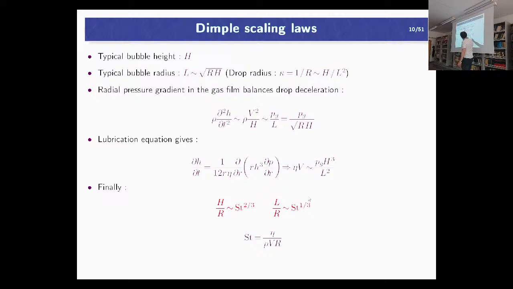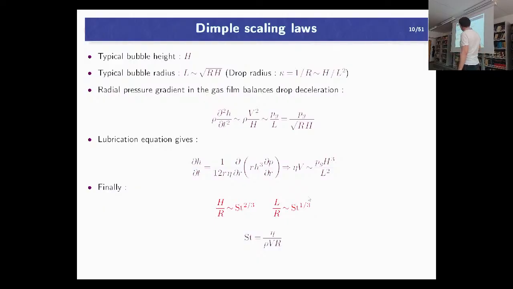If you put this into the lubrication equation and suppose that the deceleration of the interface is due to the radial pressure gradient, then you find a link between the deceleration and this pressure. And if you put these scalings into the lubrication equation, then you find a new equation that relates the viscous effects and this gas pressure. This is a closed system for L and H. And you find that H goes like the Stokes number to the power 2/3, and L like the Stokes number to the power 1/3.